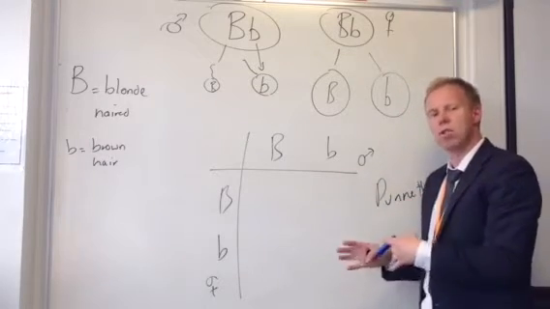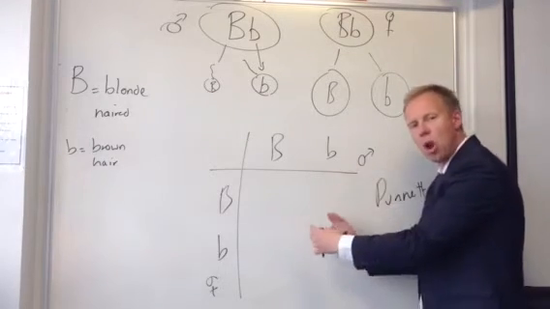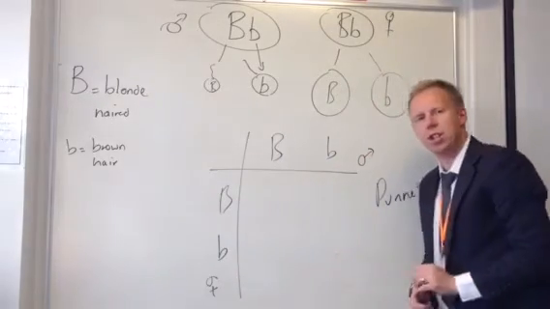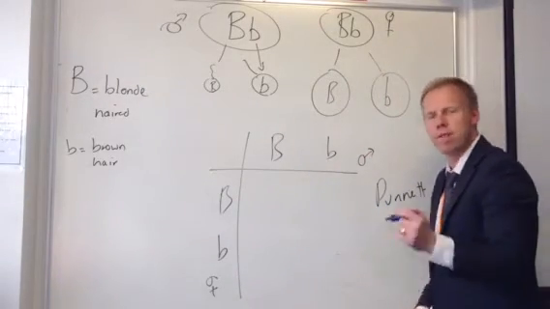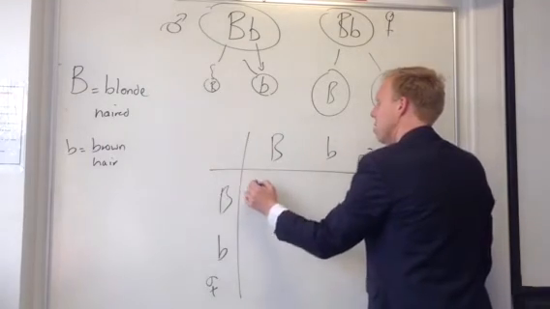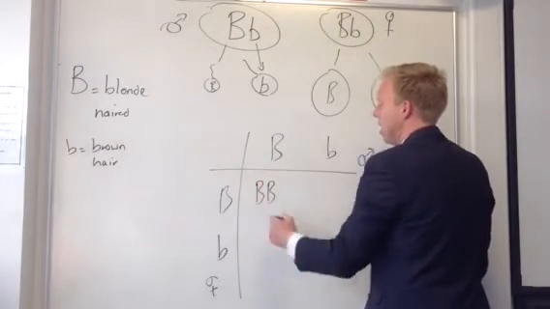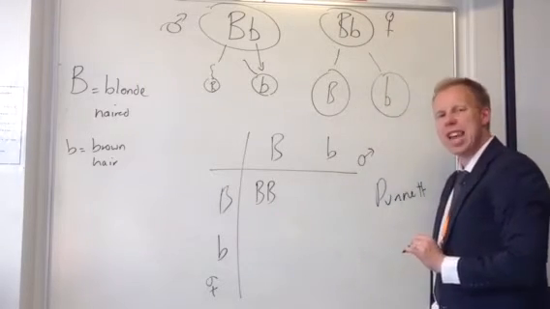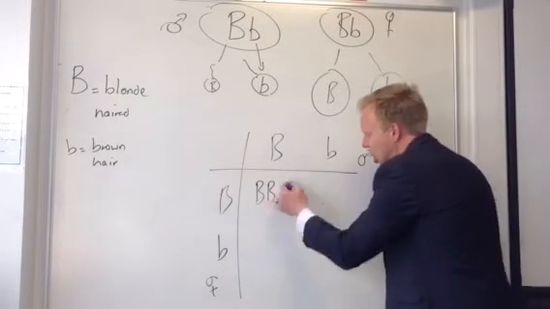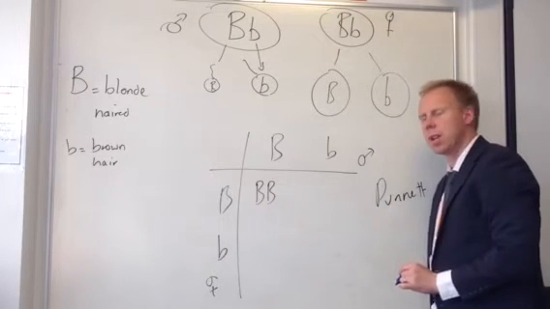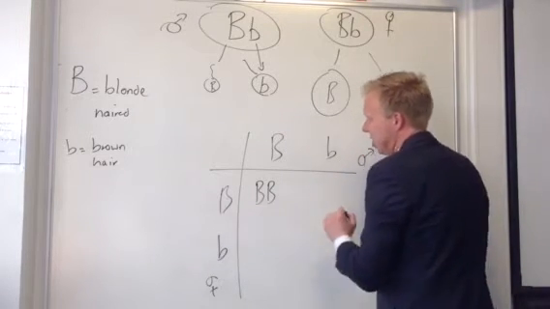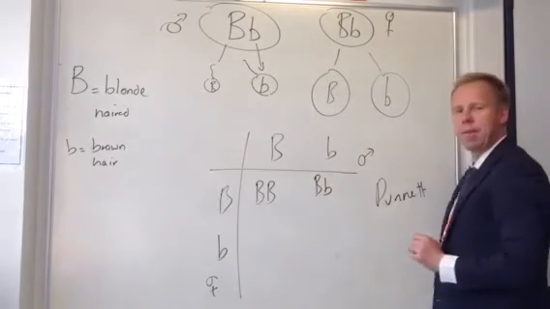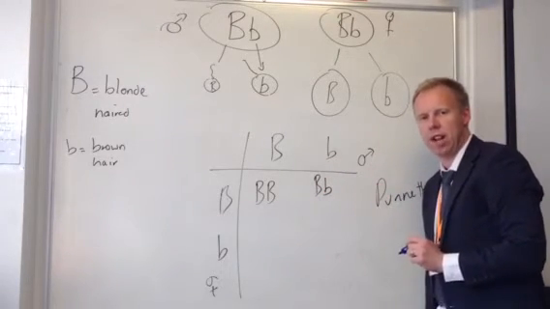And this allows us a lovely way of showing all the possible combinations of gametes coming together. For example, this big B could join with this big B from the male, giving us one potential genotype for the offspring. Or this gamete could join with this gamete, giving us a different combination of alleles.